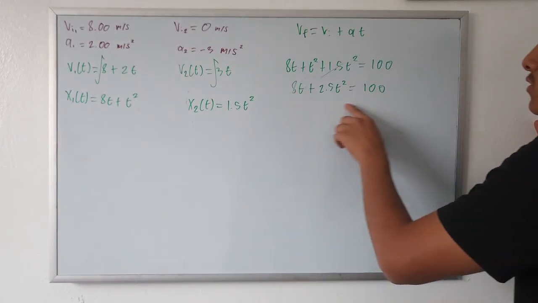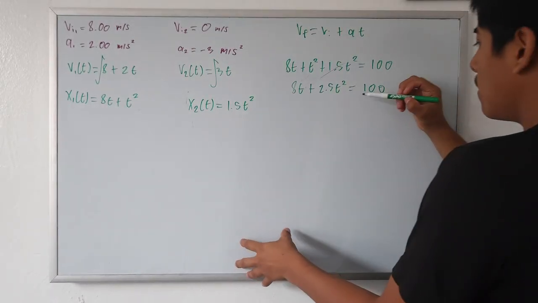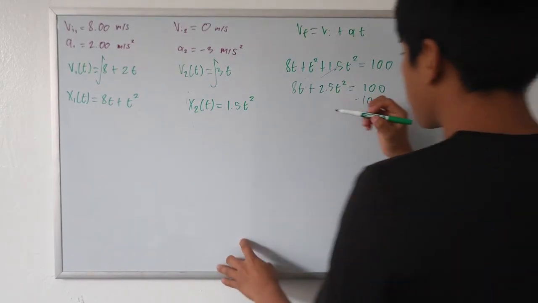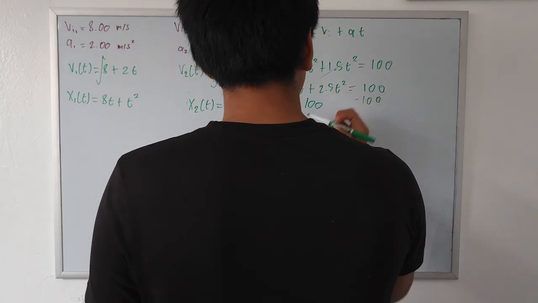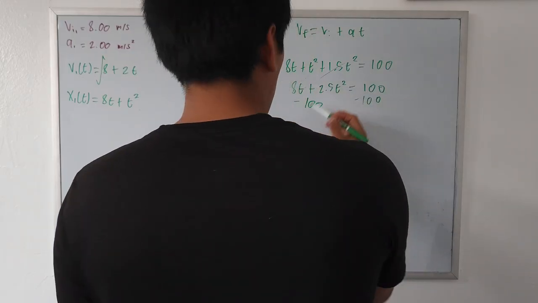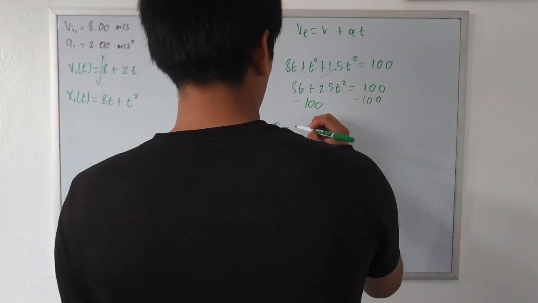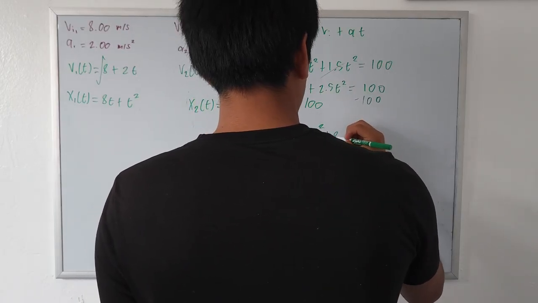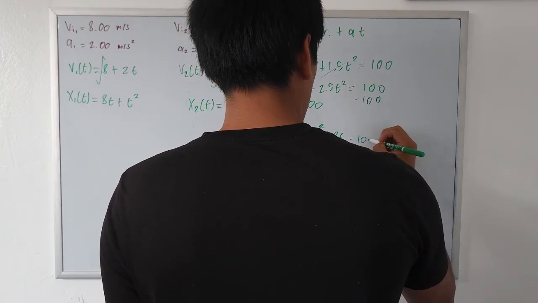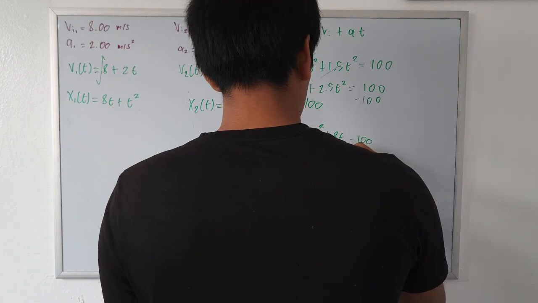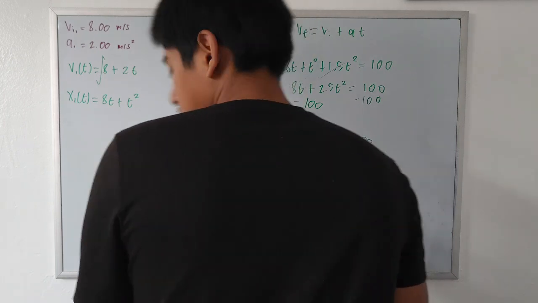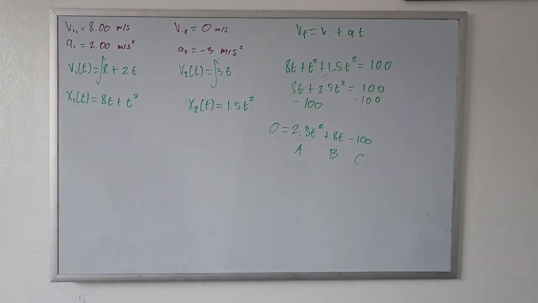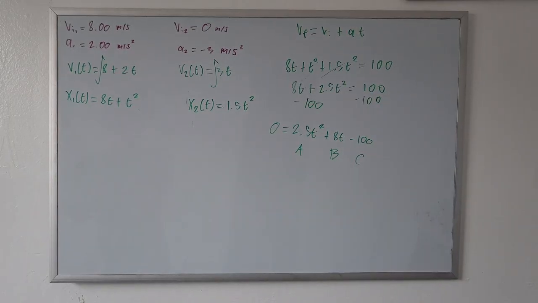And this is going to be a quadratic equation. So let's subtract this 100. I'm just going to rearrange it. So we have 2.5 t squared plus 8t minus 100. That's A. This is B. And this is C. Now we're going to plug that into our quadratic equation.